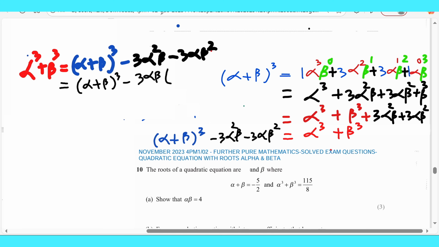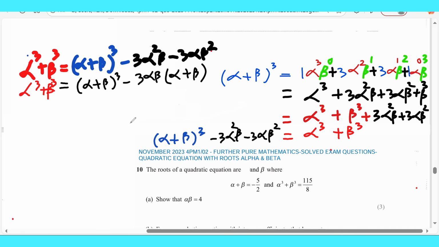If we factor out 3 alpha beta, what will be left from this part is alpha, and what will be left is beta. Alright, so that's the clue. So we have alpha plus beta is -5/2. You can insert in here, and we have this is 115/8.